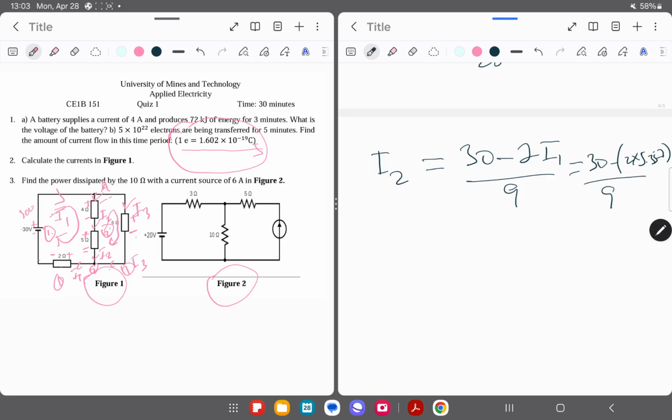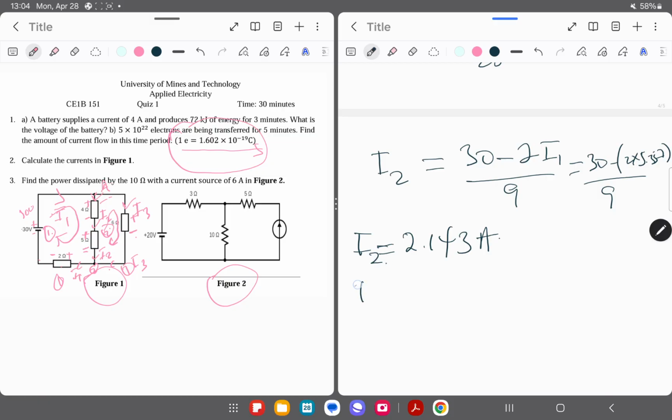So if we do this, that will give me I2 equal to 2.142, or you can even round it off to 2.143.